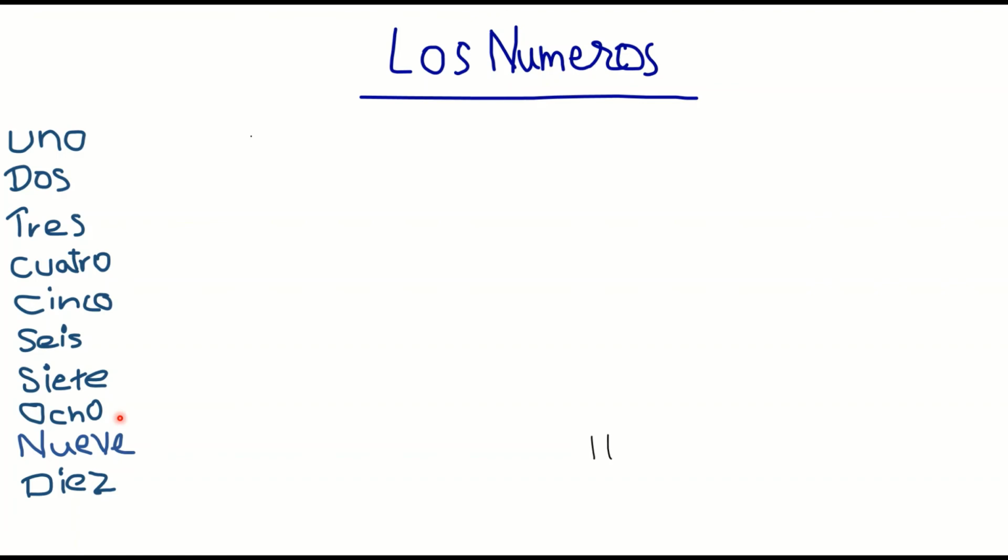Let's repeat 1 to 10. 1, 2, 3, 4, 5, 6, 7, 8, 9, 10. Can you repeat once again? It's 1, 2, 3, 4, 5, 6, 7, 8, 9, 10.